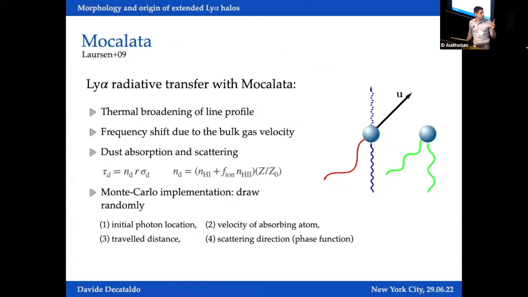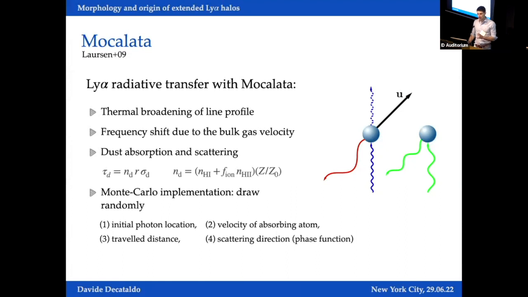And very fundamental is the accounting of dust absorption. Dust is very important because it, as much as hydrogen, is responsible for absorption and scattering of the line. And this term is usually scaled with metallicity because we expect dust grains to be formed by metals.